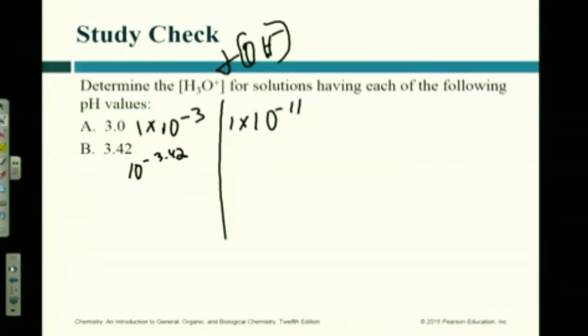That's the button you want to use. 10 to the negative 3.42. Should be connected to the log button normally. Okay, you gotta do that first. Do that first. There you go. Negative 3.42. Yeah, just scroll it and then go to the negative sign.